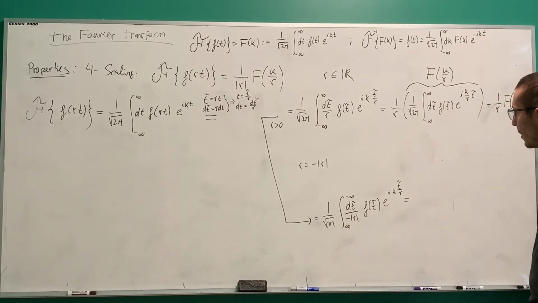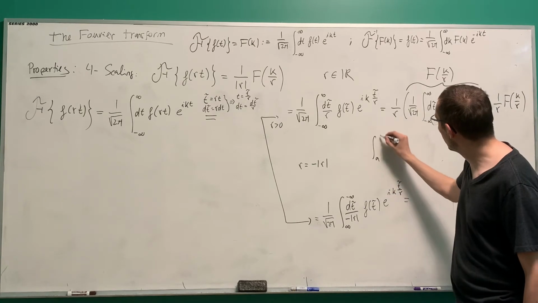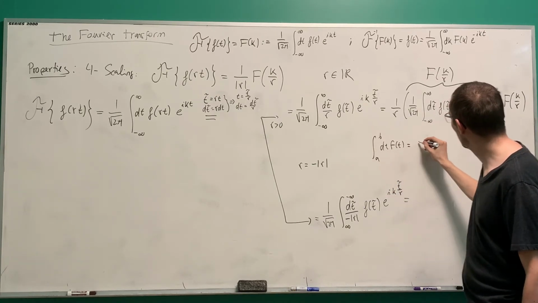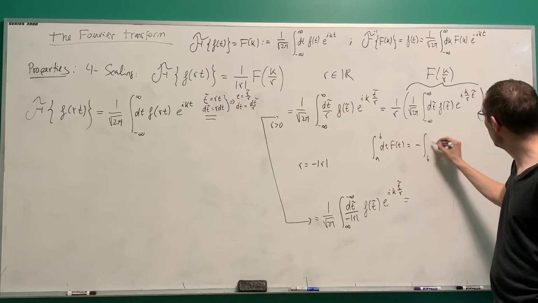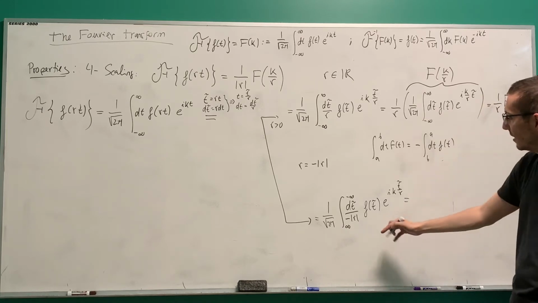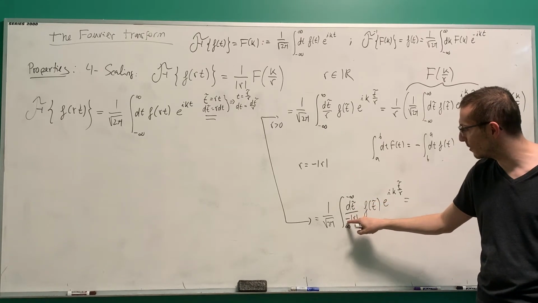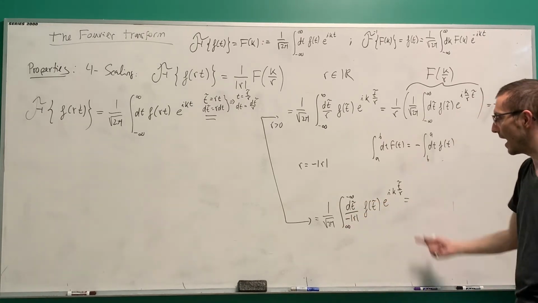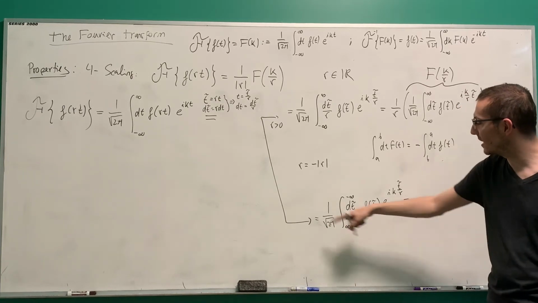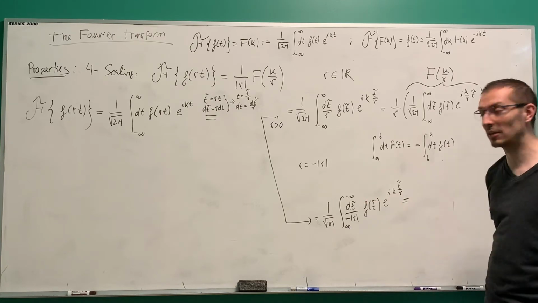So first thing that I do, I use that the integral from a to b of dt f of t is equal to minus the integral from b to a dt f of t. If I use that here, I can swap the limits, I get a minus sign, which cancels with this other minus sign. I can also take the r outside of the integral because it's a constant with respect to t tilde.